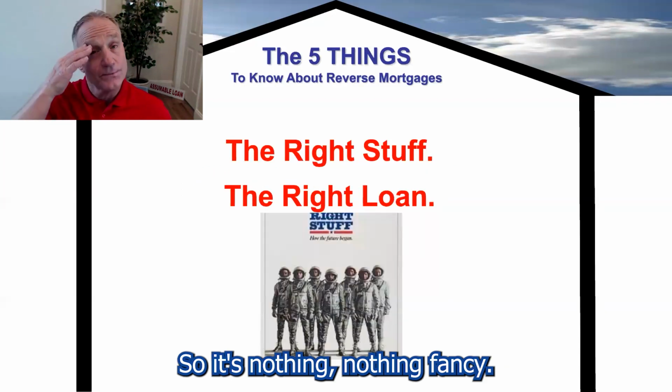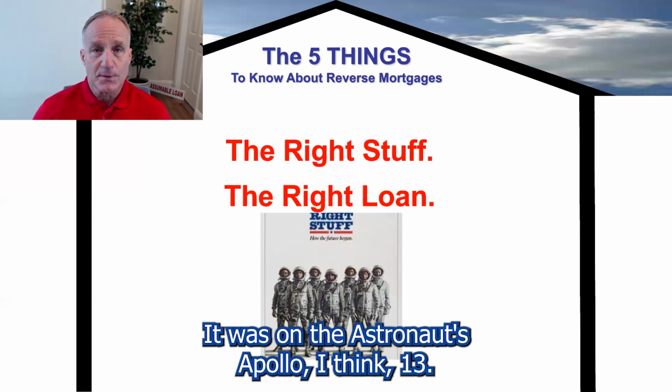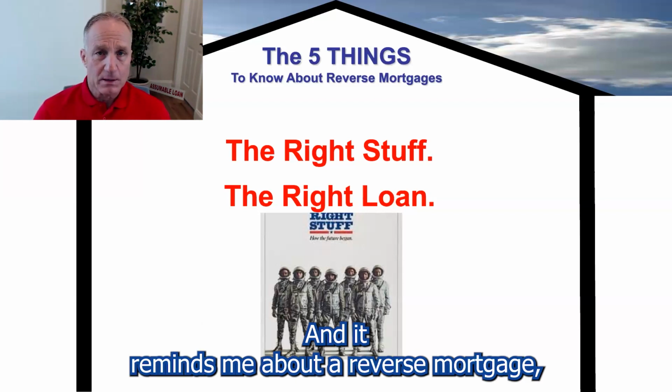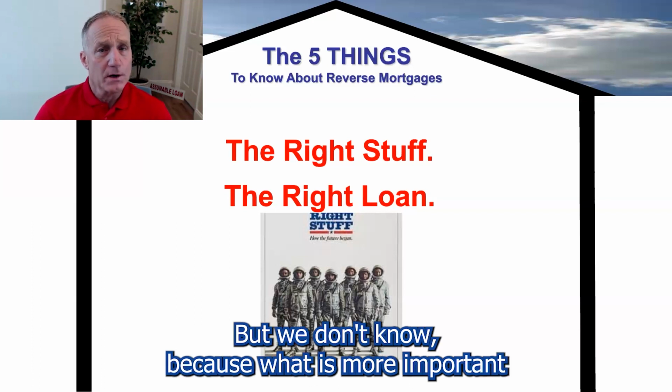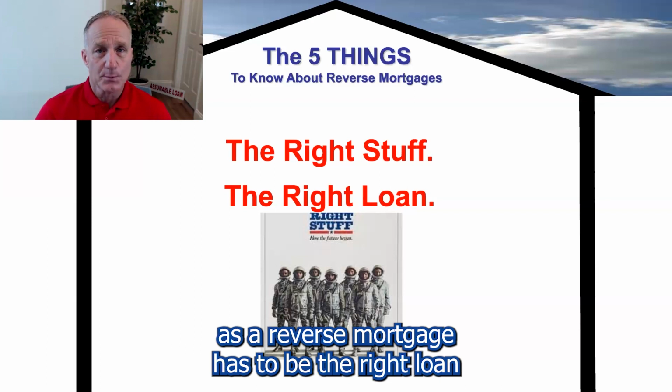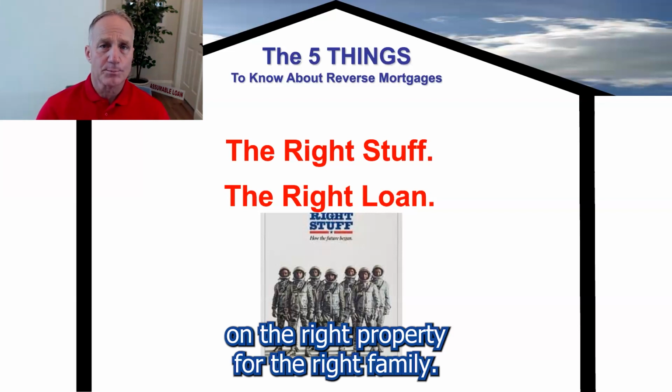So it's nothing fancy. One of my favorite movies was The Right Stuff. It was on the astronauts, Apollo, I think 13. And it reminds me about a reverse mortgage because the reverse mortgage might be the right stuff, but we don't know, because what is more important is a reverse mortgage has to be the right loan for the right person at the right time for the right reason on the right property for the right family.